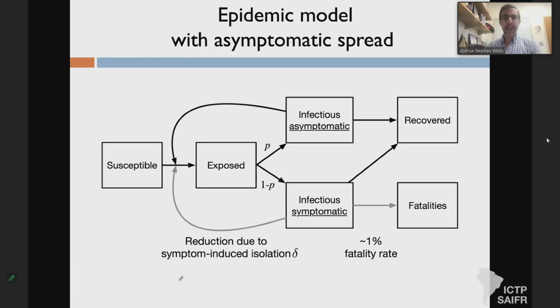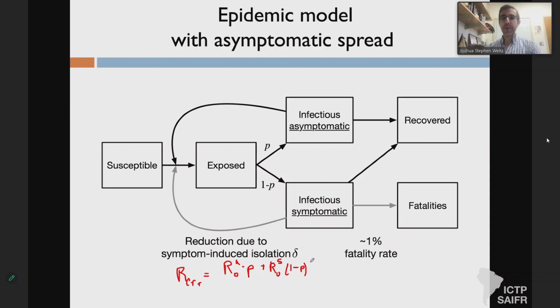We might think of what is our R effective. And this is going to be something like the R naught for asymptomatic, times P, the fraction that are asymptomatic, plus R naught symptomatic, because maybe the symptomatic people are slightly more infectious and will cause slightly more infections, times 1 minus P. We just add this up.